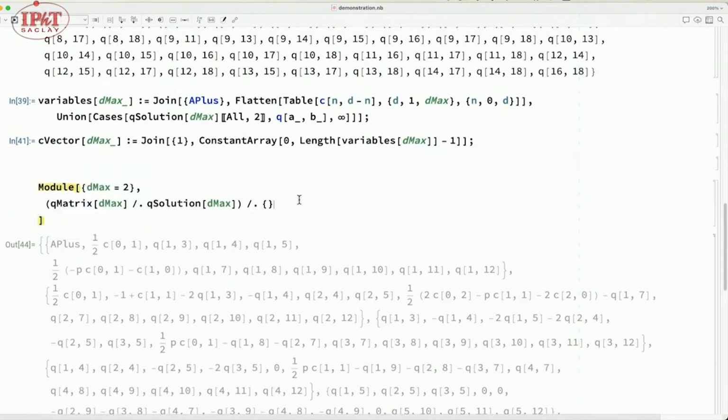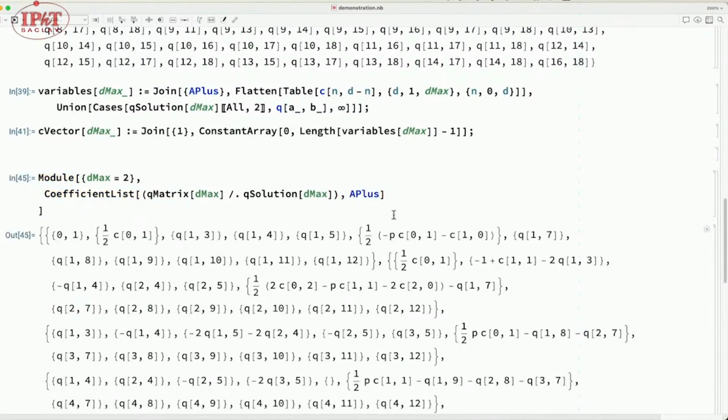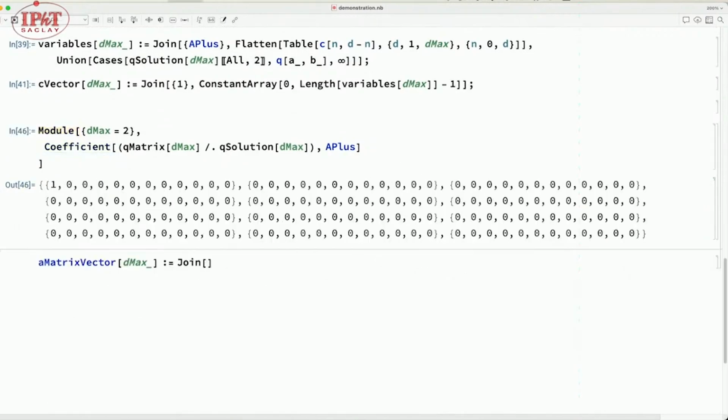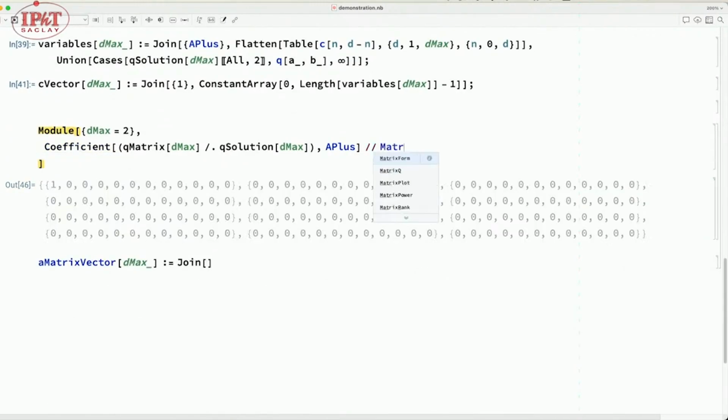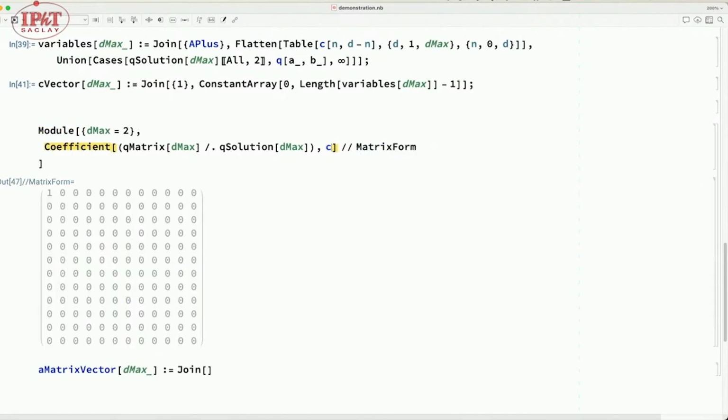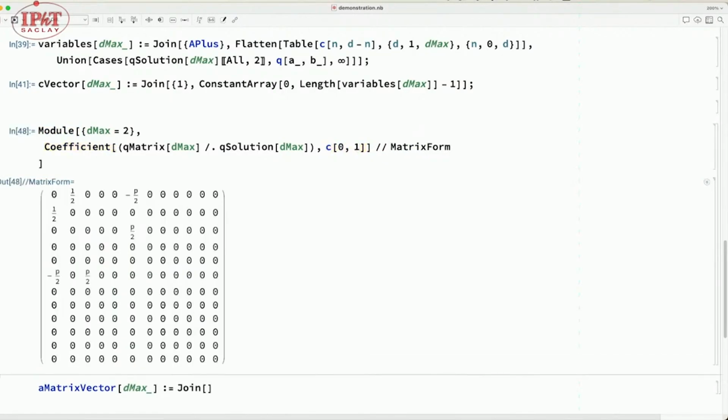For example, if you look at this matrix and you look at the coefficient of A plus, the coefficient of A plus is just a constant matrix. If you look at say C01, it's another matrix, and so on.